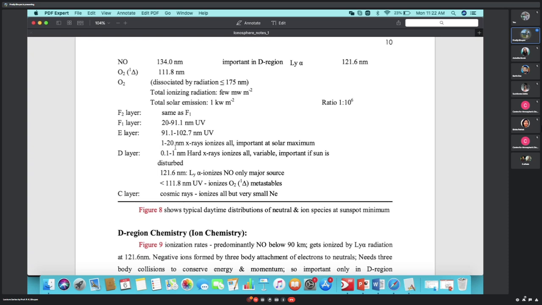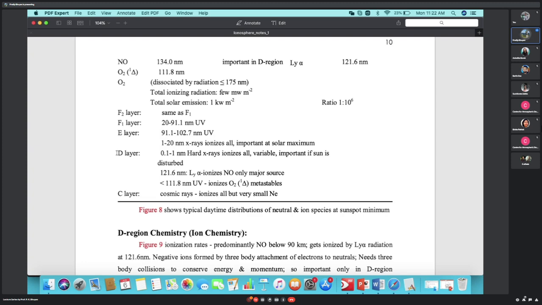It can be simply multiplied by 10, or you put a 0 here. 10 to 200 angstrom X-rays ionize all, all means all the components, along with this UV. Okay, D layer.